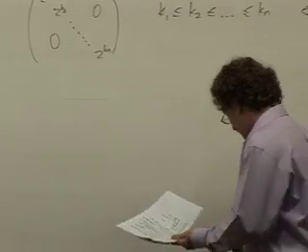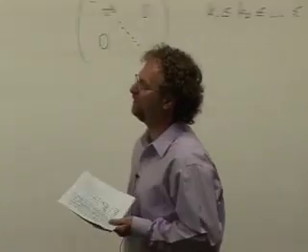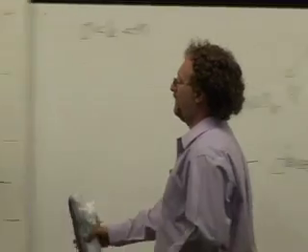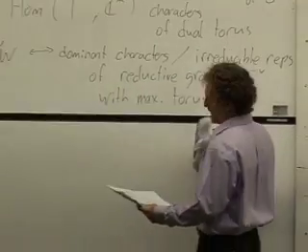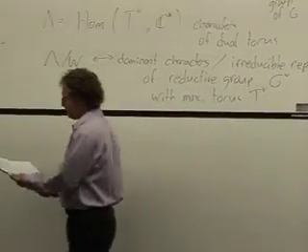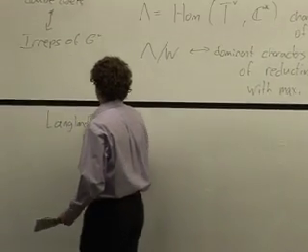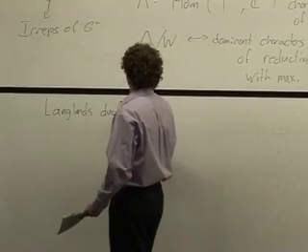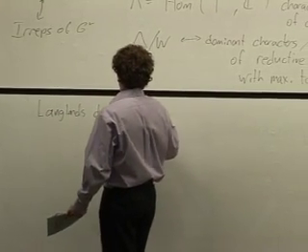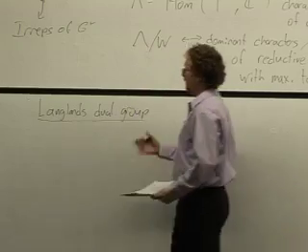So now we can introduce a gadget, and right now it appears as a purely formal gadget. We're going to define the Langlands dual group. You can define it by its root data.